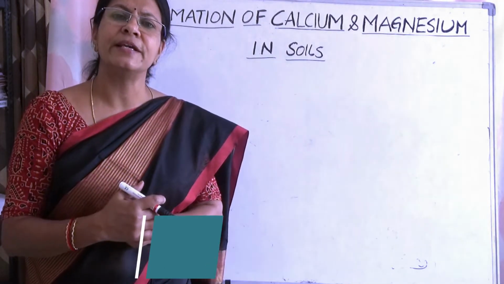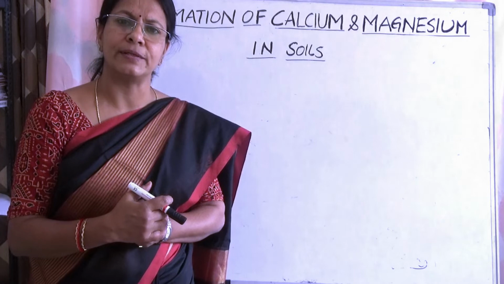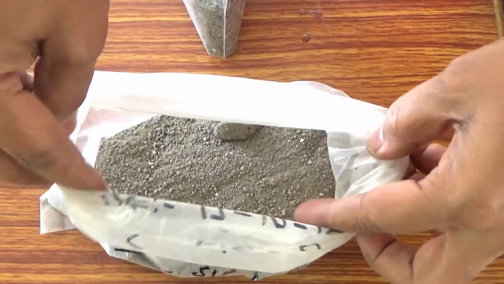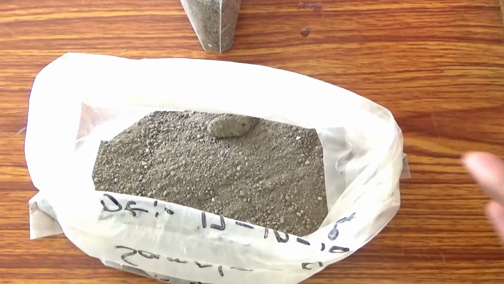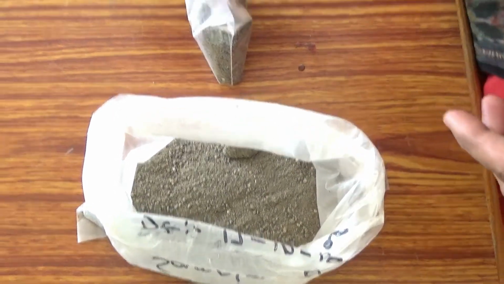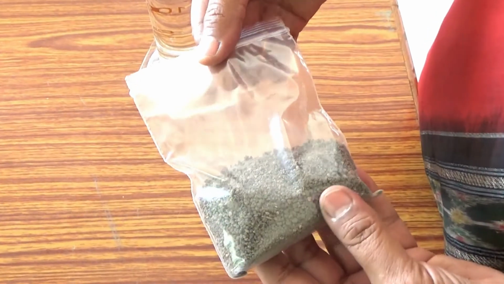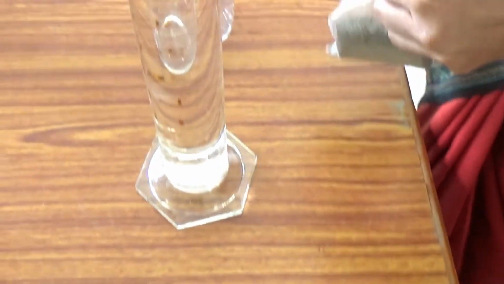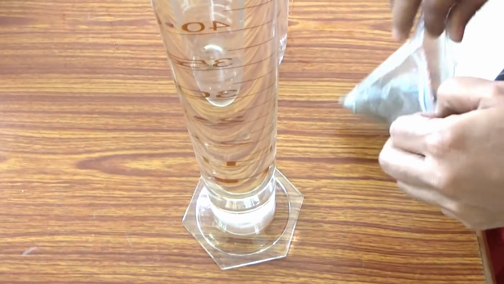So first let us see the extraction of calcium and magnesium from soil. For the preparation of soil water extract, we need 2 mm sieved soil, and we have to take 100 grams of 2 mm sieved soil, and now you have to mix this in 1:5 ratio.